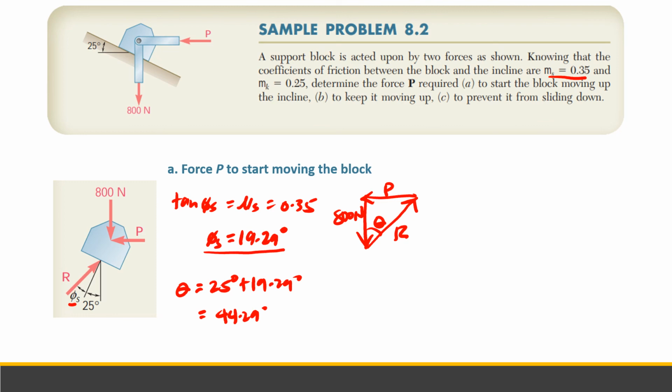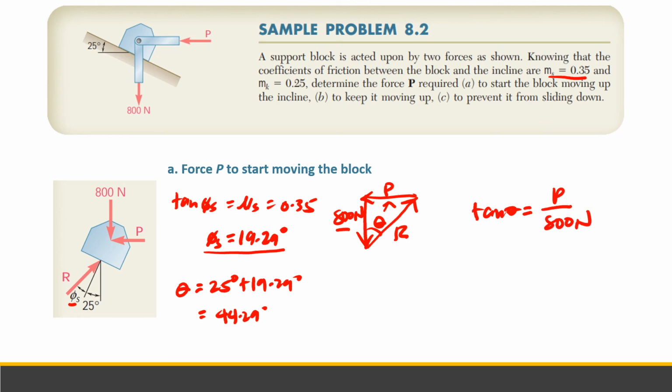So using theta, we can find that P is opposite to theta and adjacent to 800 Newton. So that is 800 Newton times tangent theta, for you to understand better. Tangent theta is equal to opposite, which is P, over adjacent, which is 800 Newton.